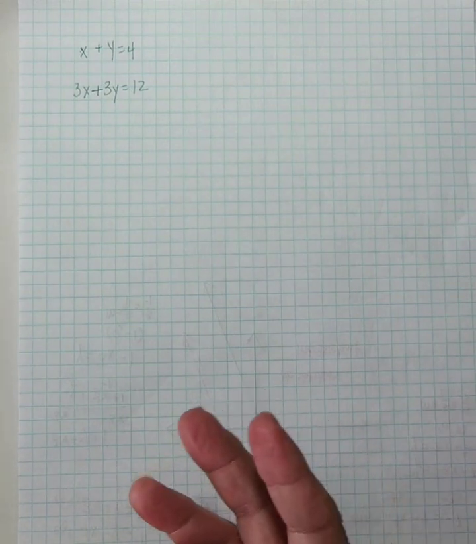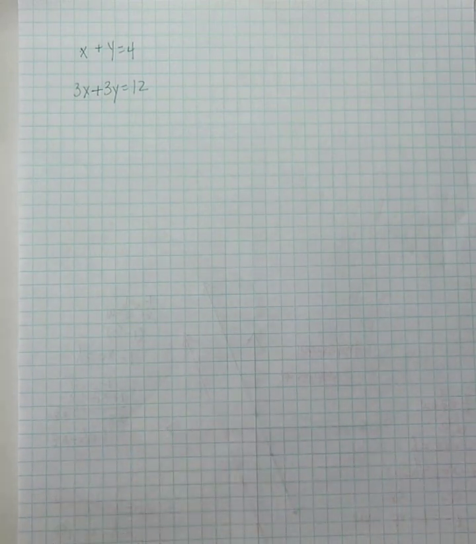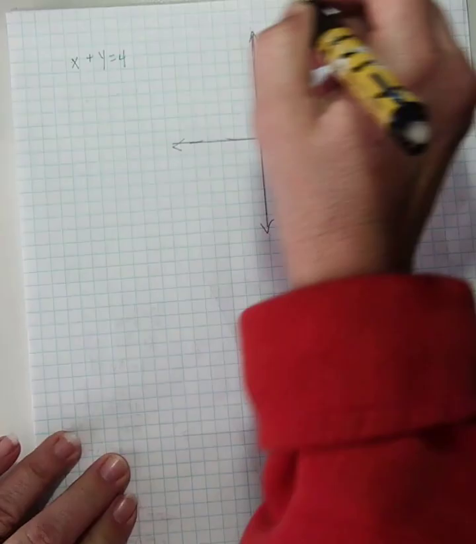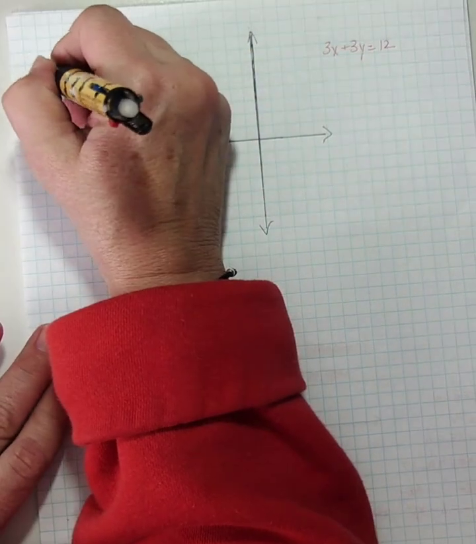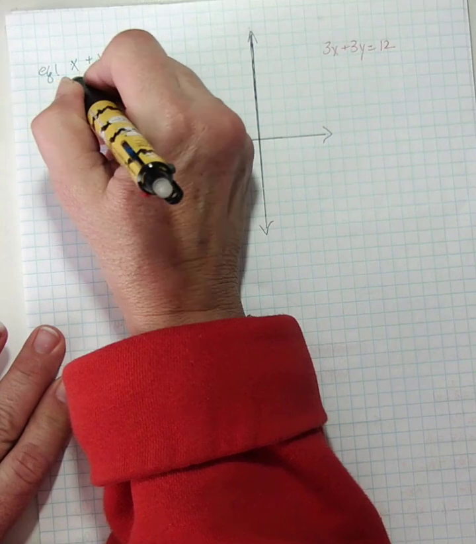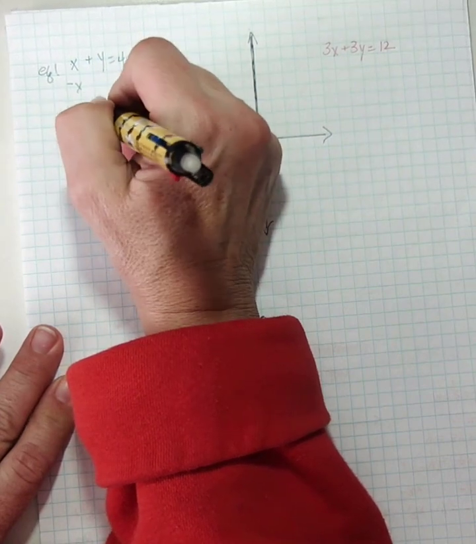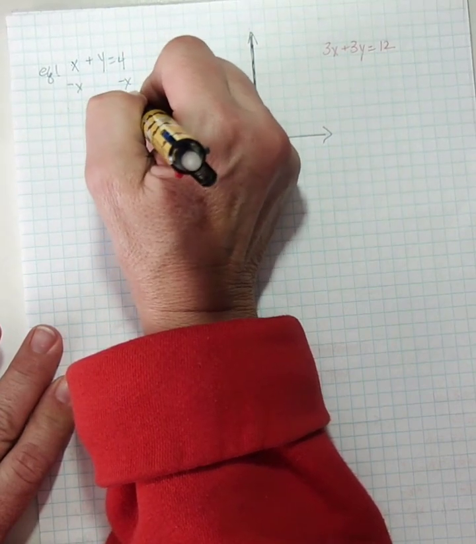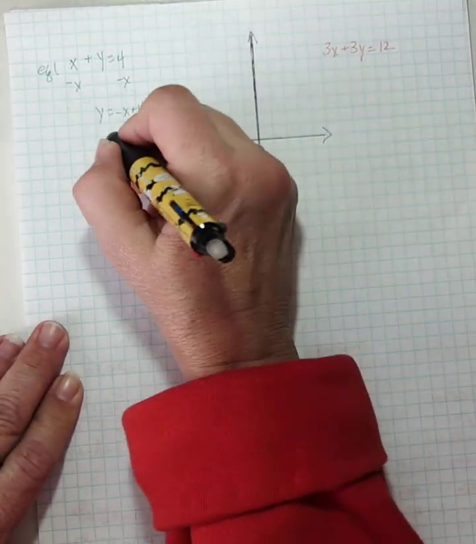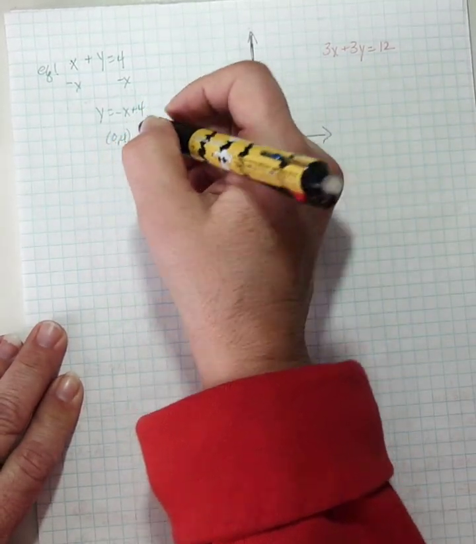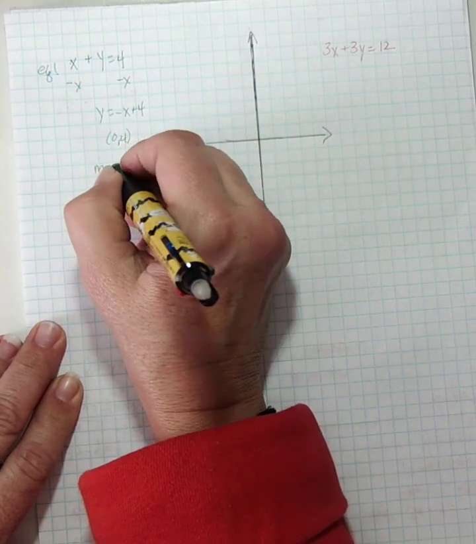Now, when we have these, we're going to solve these for y and then graph them. So I take equation 1 and I'm going to solve it for y. I'd have to subtract x from both sides, and I have y equal negative x plus 4. And I could graph it. So y-intercept and a slope of negative 1.